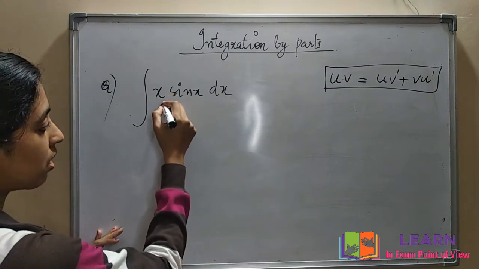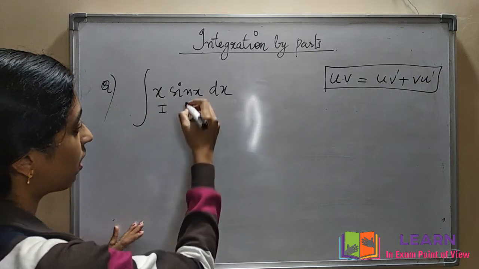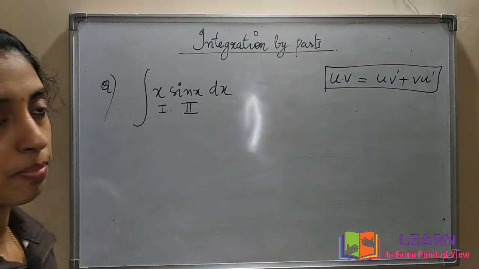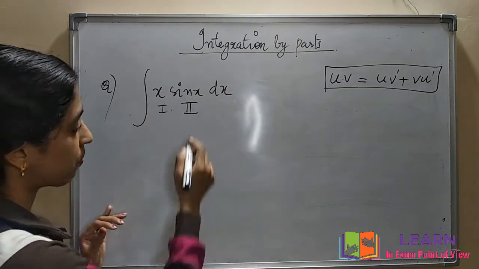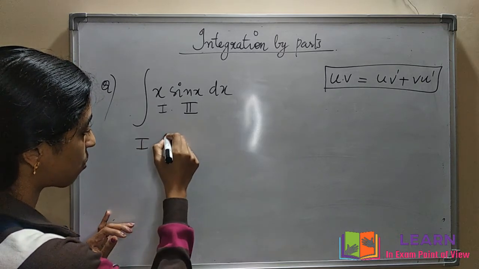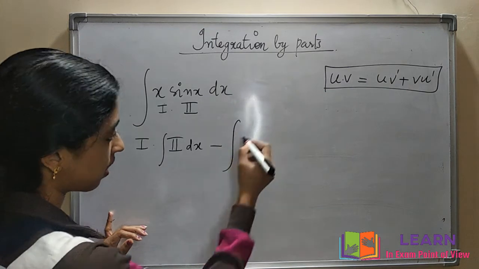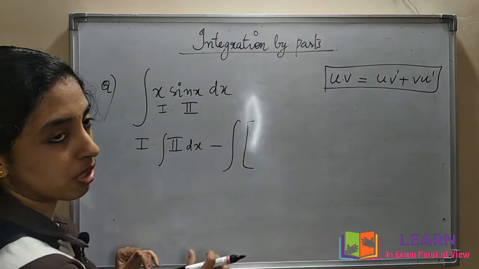Here, let x be the first function, and sin x the second function. Then how will integration by parts be? That is first function into integral of second, minus integral. You can put a bracket because this is common to two terms.